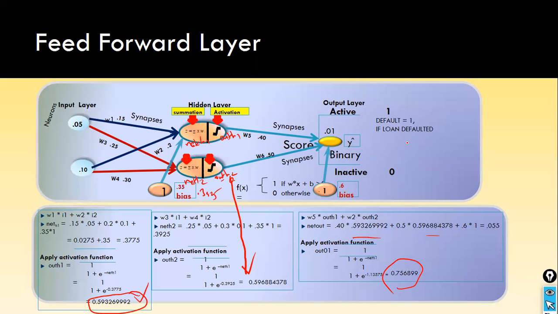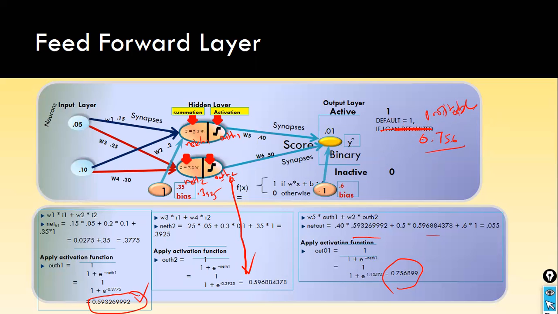This is the predicted value. There is a 0.75 probability this customer is going to be a profitable customer. Instead of saying defaulted, profitable, as we are very particular about the profitable customer. The probability of the customer being profitable is 0.756.